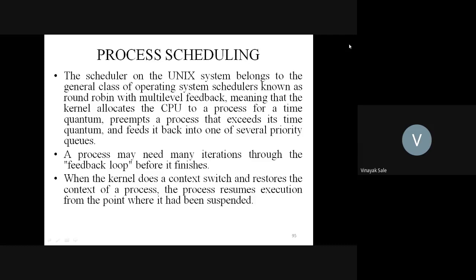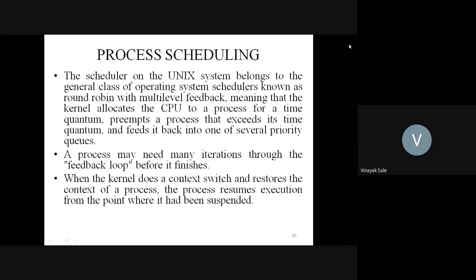The scheduler on Unix systems belongs to the general class of operating system schedulers known as round robin with multi-level feedback, meaning that the kernel allocates the CPU to a process for a time quantum, preempts a process that exceeds its time quantum, and feeds it back into one of several priority queues.